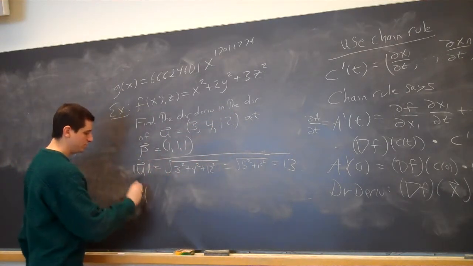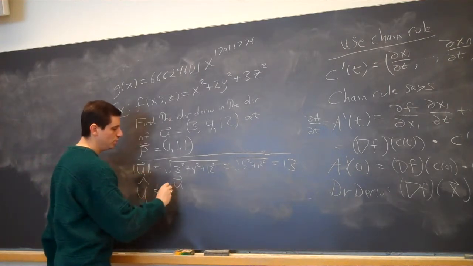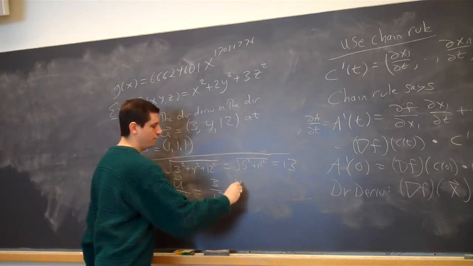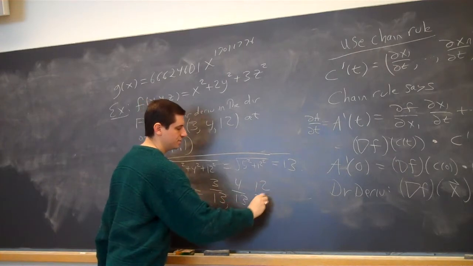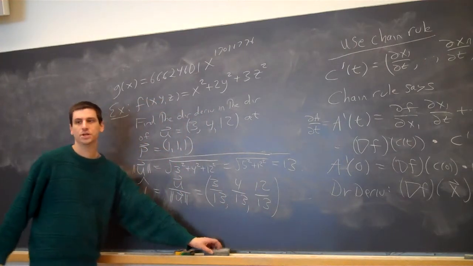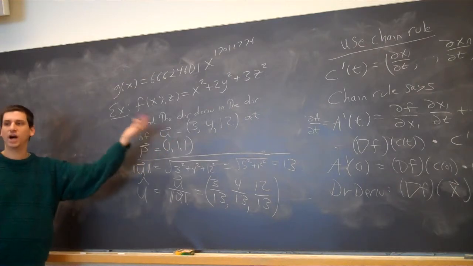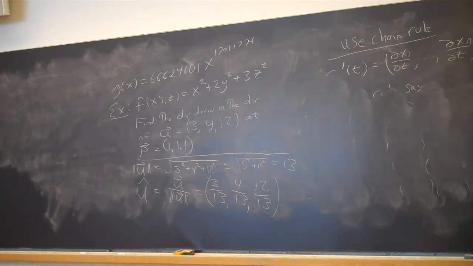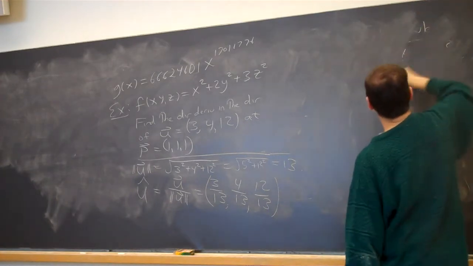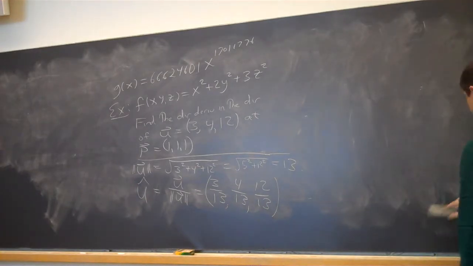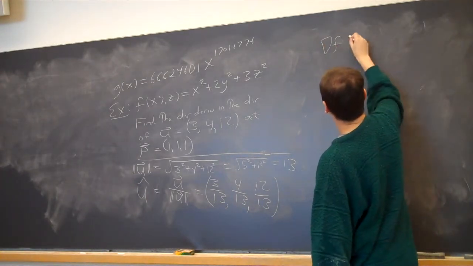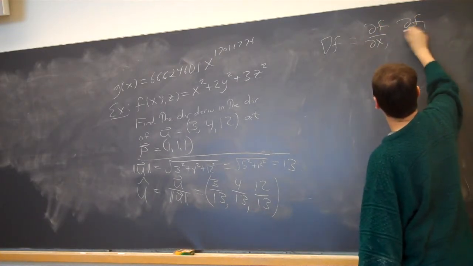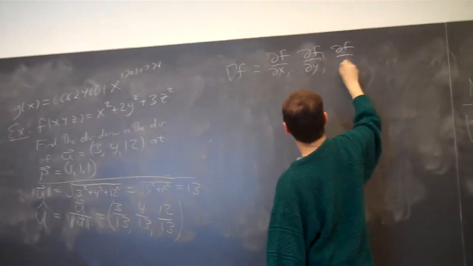So I now get a unit vector u hat, which is going to be the vector u divided by the length of u. And that will be 3/13, 4/13, 12/13. Okay. So again, you can put in whatever you want for your vector u. I just chose this so that the numbers would be nice at the end of the day. Alright, now that I have this, I can calculate the directional derivative. The first thing I need is the gradient of f, that's going to be df dx, df dy, df dz.